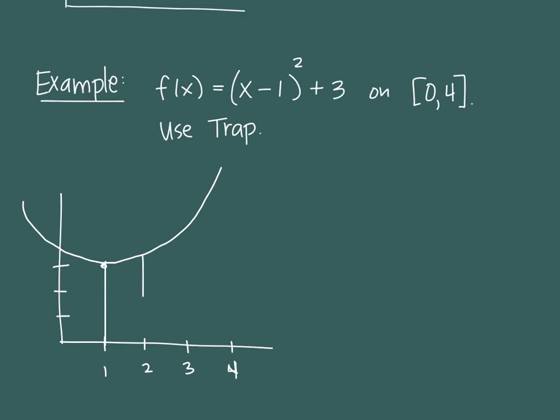And so we would want to label the values here to help us create the trapezoids. All right, my different heights are 4, 3, 4, 7, and 12.